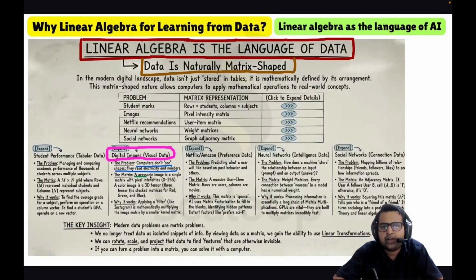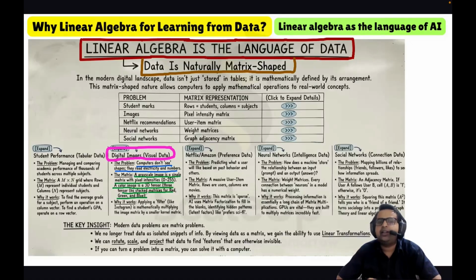A grayscale image is a single matrix with pixel intensities 0 to 255. A color image is a 3D tensor, a stacked matrix, with three stacked matrices for red, green, and blue.